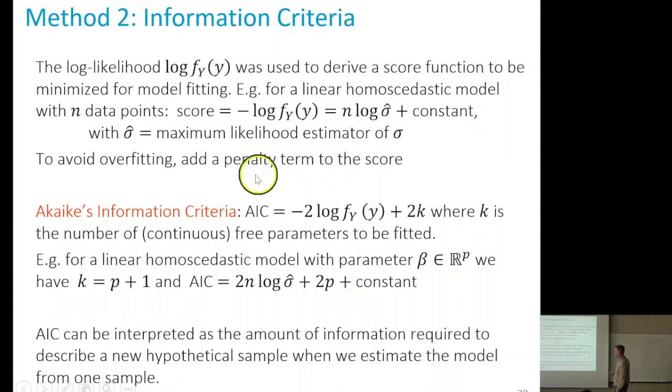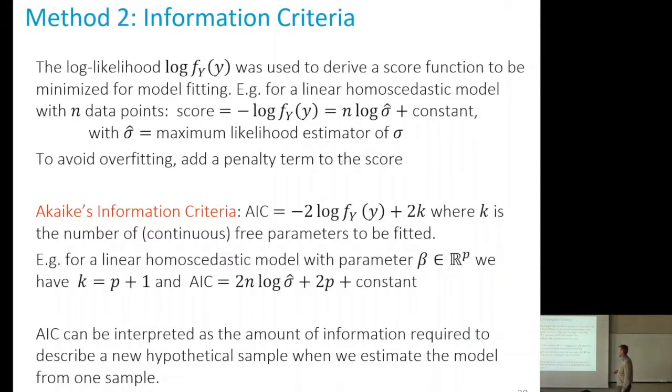So to avoid overfitting, one way is to add this penalty term, which can be simply equal to the number of parameters, the dimension of the model to be fitted here. So the idea is if I have many, many parameters, then I will have a larger penalty. So the optimum will be something that is a good fit, the likelihood is good, but also has a number of terms that is not too large.